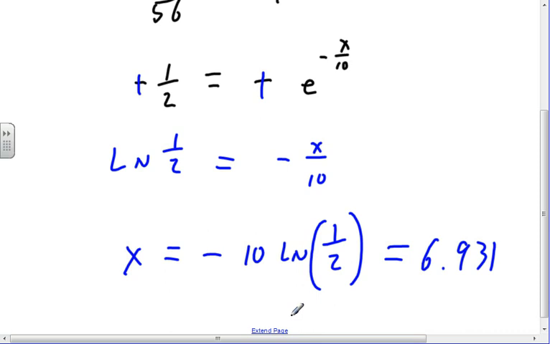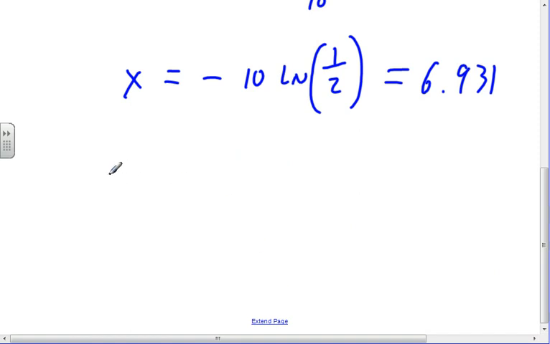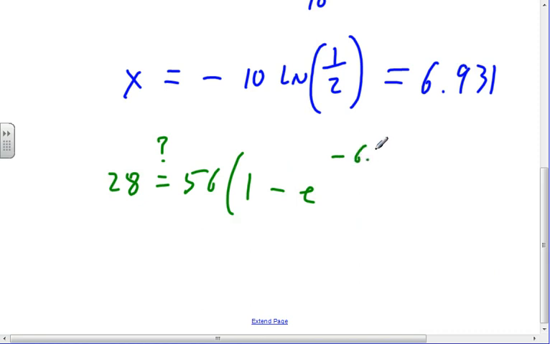And we should probably check our work. That'd be a cool thing to do, right? So, is 28 equal to 56 times 1 minus e to the minus 6.931 over 10? Okay, is it? How close do you think we have to be to say it is? Within 10? Within 5? No. We'll figure out how close we are and then decide whether or not that's close enough later.